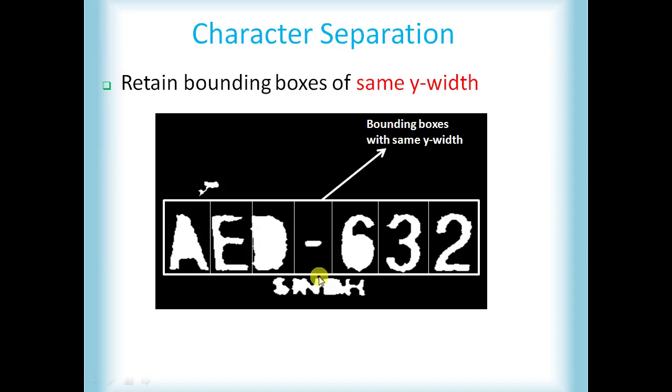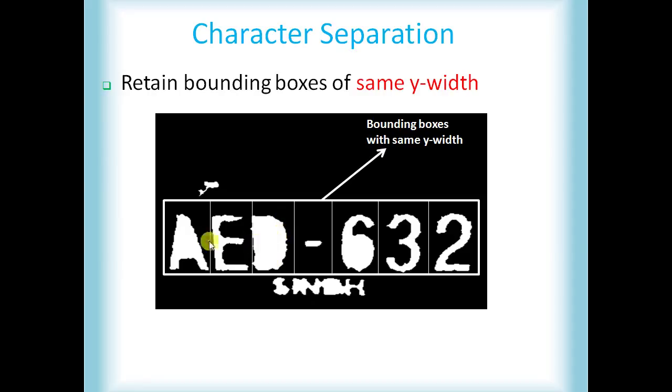So the next step is character separation. We use the bounding box method here. All the bounding boxes are considered, and we exploit a particular property of the number plate to separate the characters. As you can see, each character here is almost of the same width and same height.